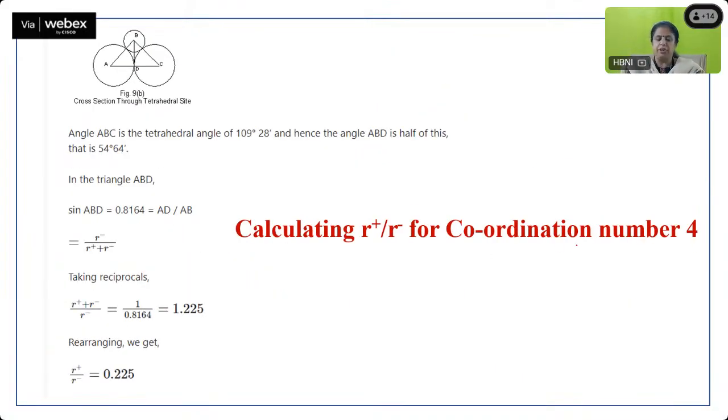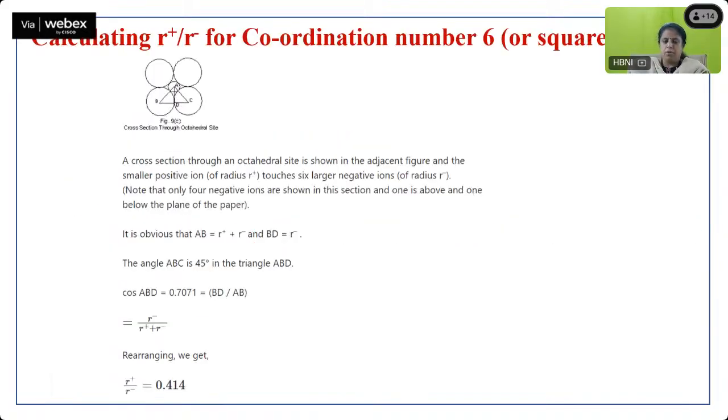Similarly, for coordination number 4, we assume a tetrahedron, but for calculation purposes, we assume one triangular face. This is the atom at the top, and these two are two of the three forming the basal plane of the tetrahedron. And this is for coordination number 6.